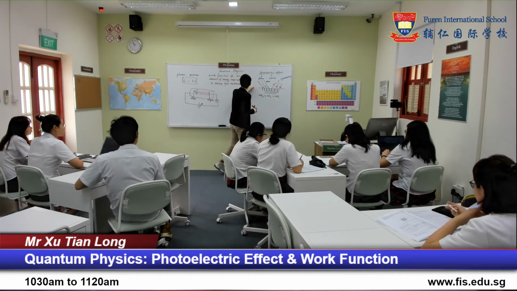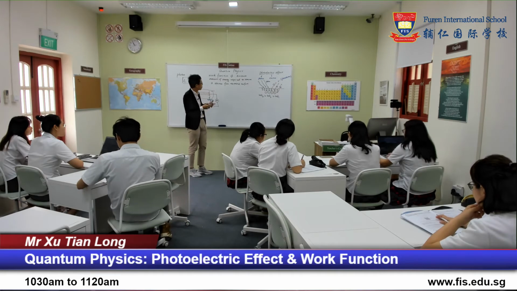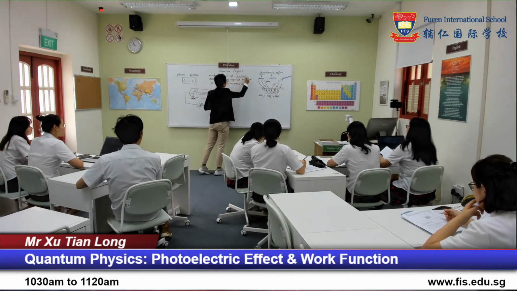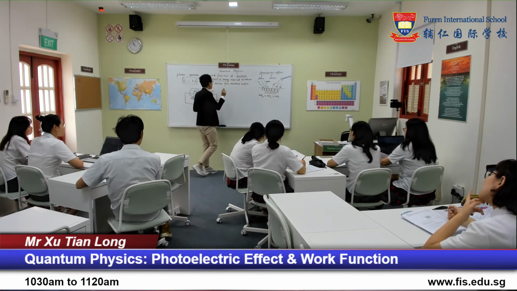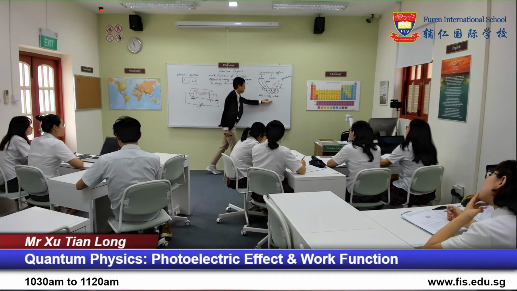Then let's come back to our work function definition. The work function is the minimum amount of energy to remove an electron. Can you tell me which work done is the work function?